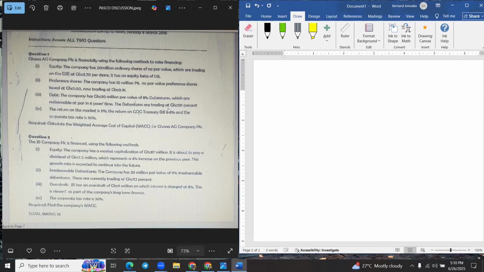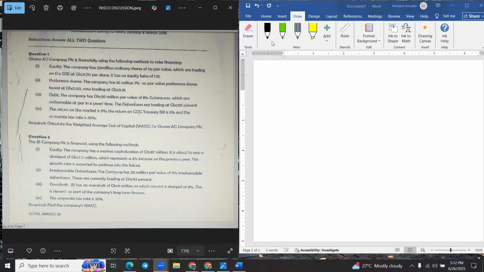The return on the Government of Ghana Treasury Bill is 5%, and the corporate tax rate is 30%. Required: calculate the weighted average cost of capital for the Ghana Aging Company PLC.